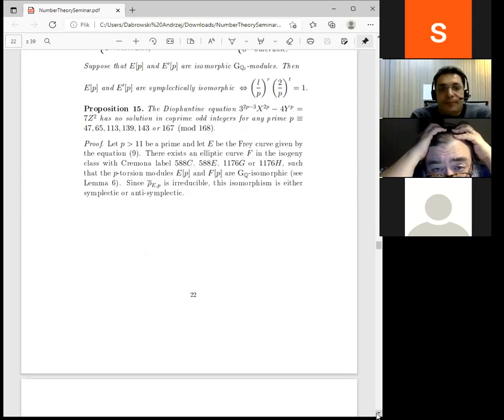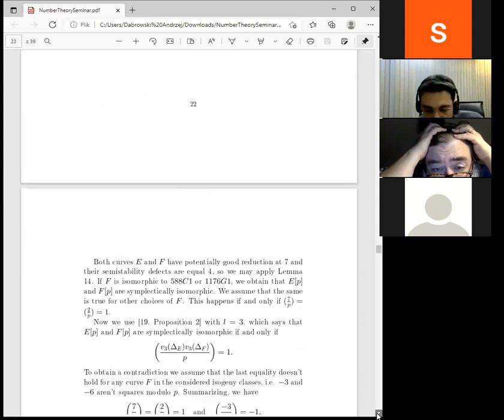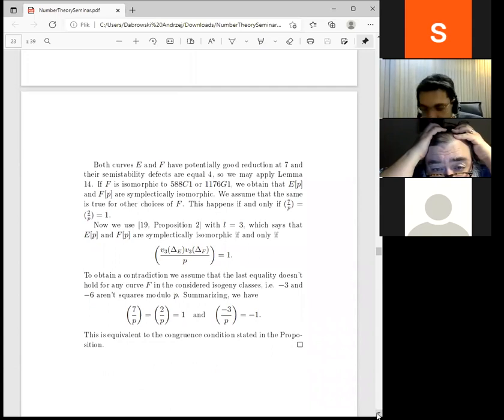But we can use another criterion to show that in some cases, for some primes, the isomorphism is antisymplectic. So we obtain a kind of contradiction for some primes.